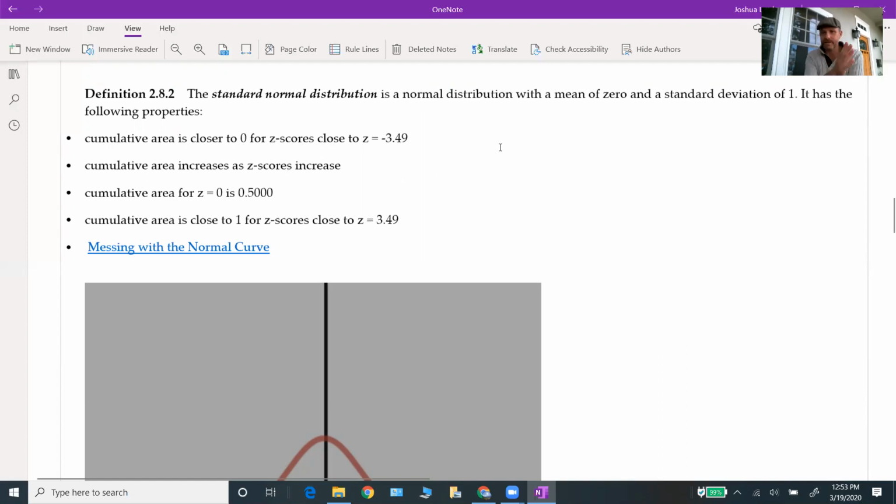And what you should see here, when I say increase, or cumulative area, we're talking about left to right. So as we move from left to right over the x-axis, we're going to see the area increase.